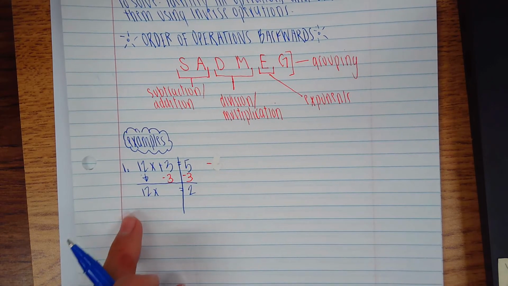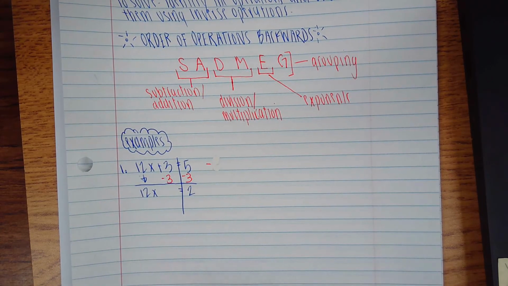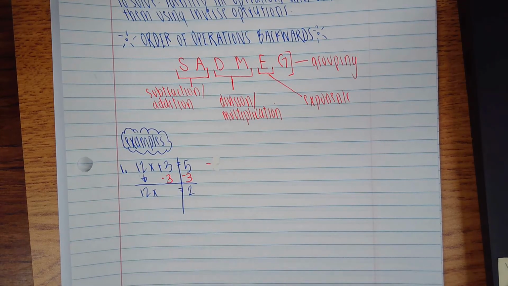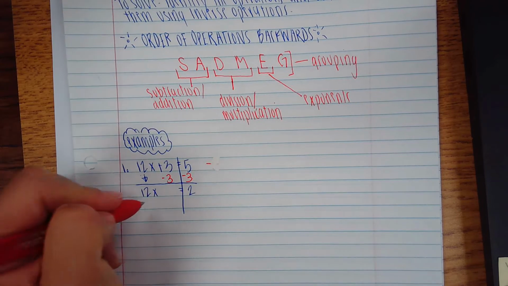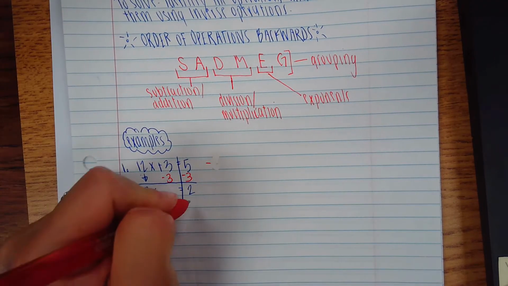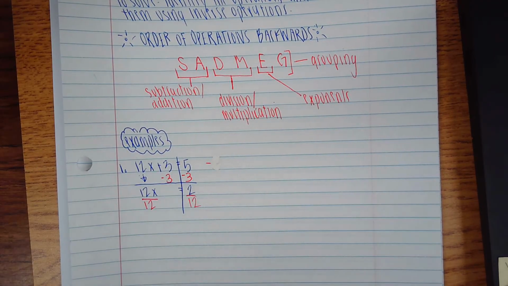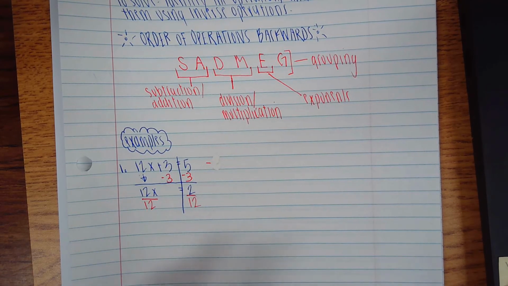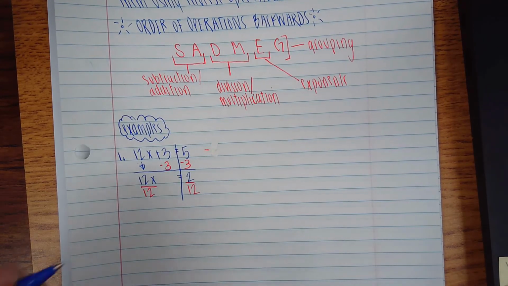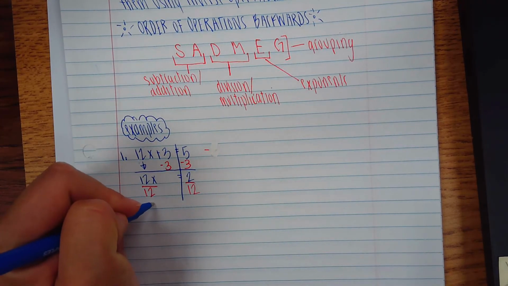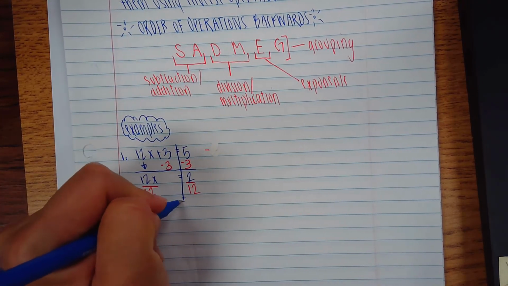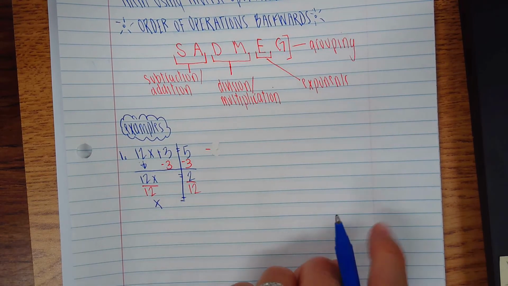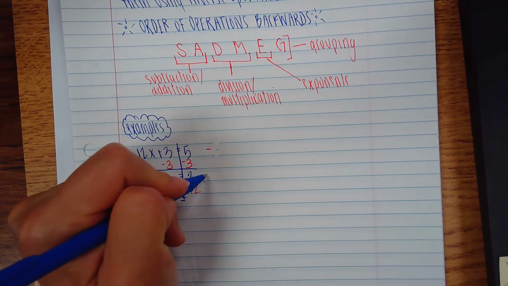Now I need to get this by itself, right? So I'm going to take this x, and it's multiplying by the 12. So I'm going to divide by 12 and divide by 12. And I shouldn't have given you a fraction for the first one. I'm sorry about that. So I'll be left with x equals, and I'm going to reduce this. They're both divisible by 2.